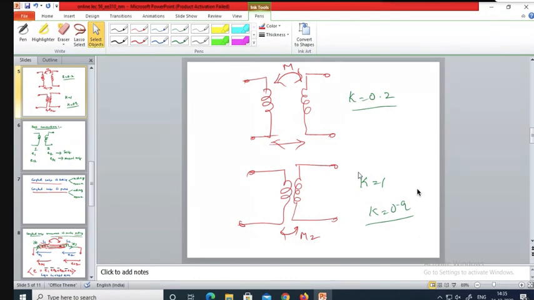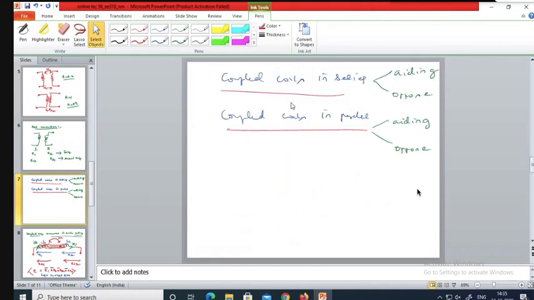This is how you can distinguish the different types of coefficients. The coils can be connected in series and in parallel. The coils can be connected so as to aid the induced EMFs, or to oppose them.